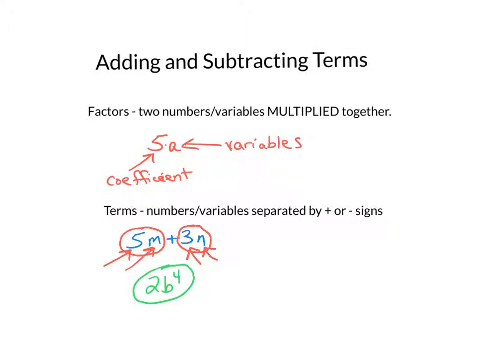If you are given 2x squared plus 3x subtract 6, this particular expression has three different terms. 2x squared is a term, 3x is a term, and 6 is a term. In this particular case, 6 is also given another name. It's known as the constant term because there is no variable that is associated with it.